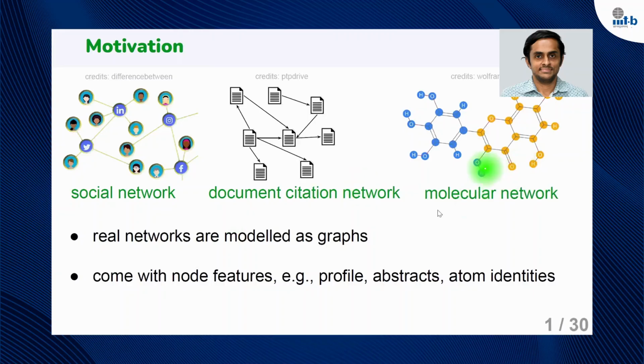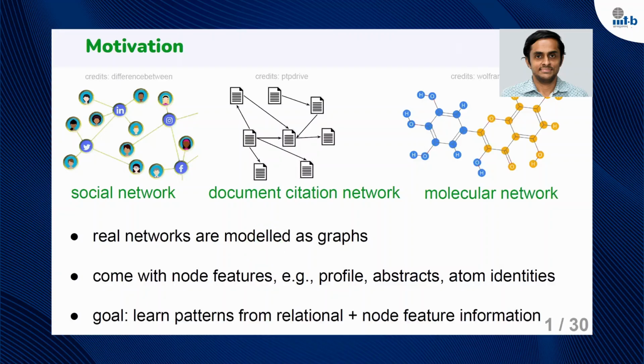And the atom identities, maybe a hydrogen atom or an oxygen atom, are features of the node, intrinsic to the node itself. So in addition to the relational structure, we also have access to these node features.